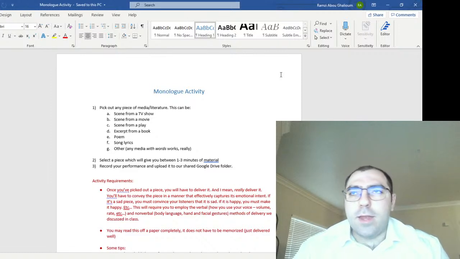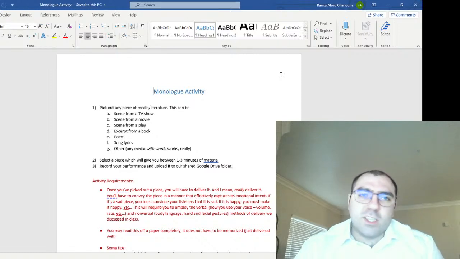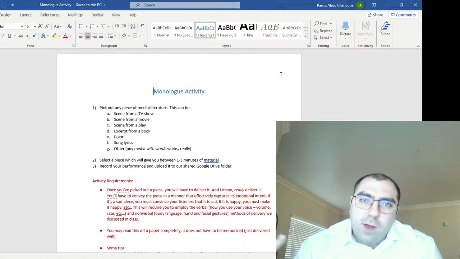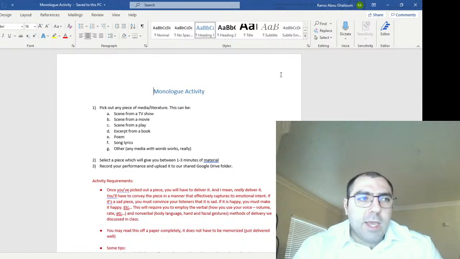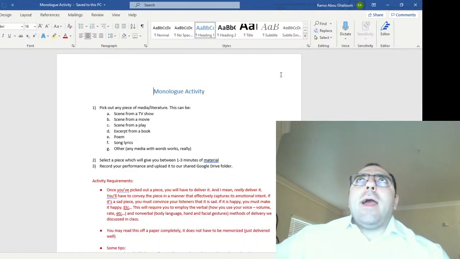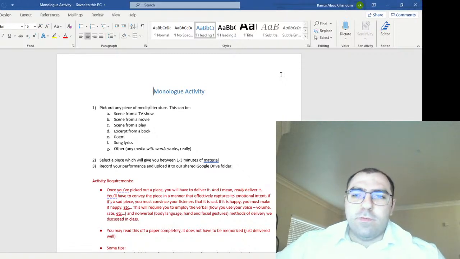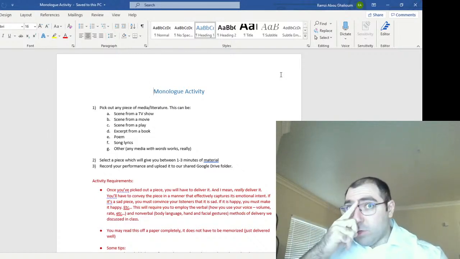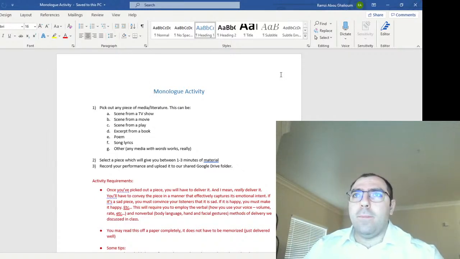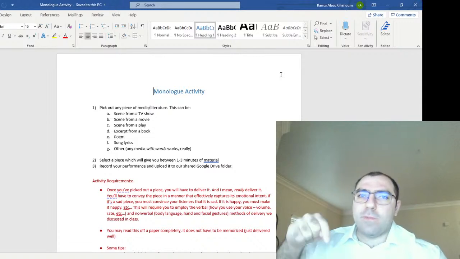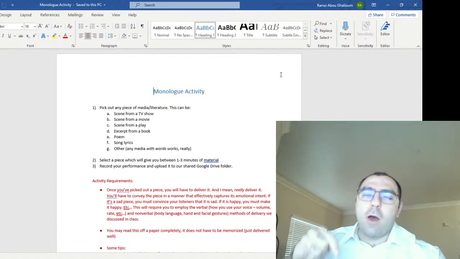This is something that honestly just should be really fun. One semester I had somebody pick the onion scene from Shrek, and he actually had a conversation between Shrek and Donkey, and he had all of Eddie Murphy's parts programmed on his phone.